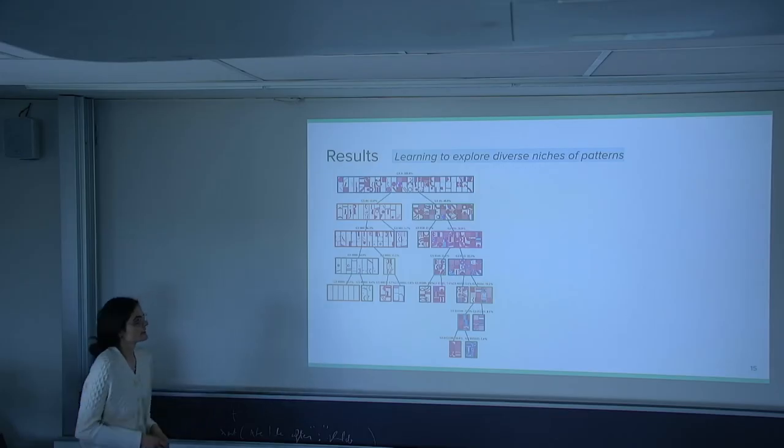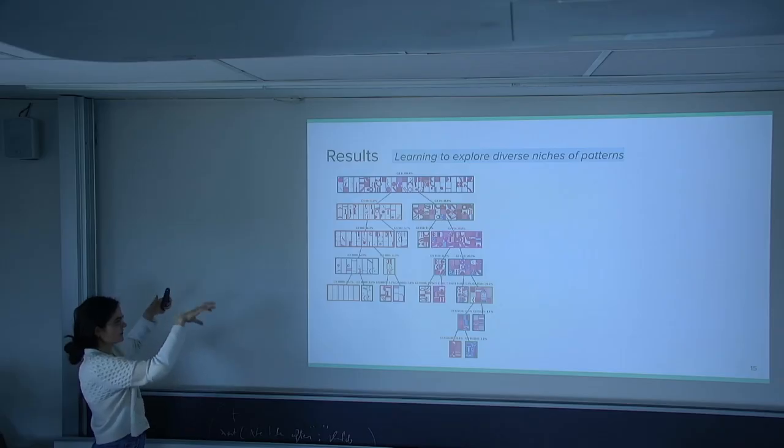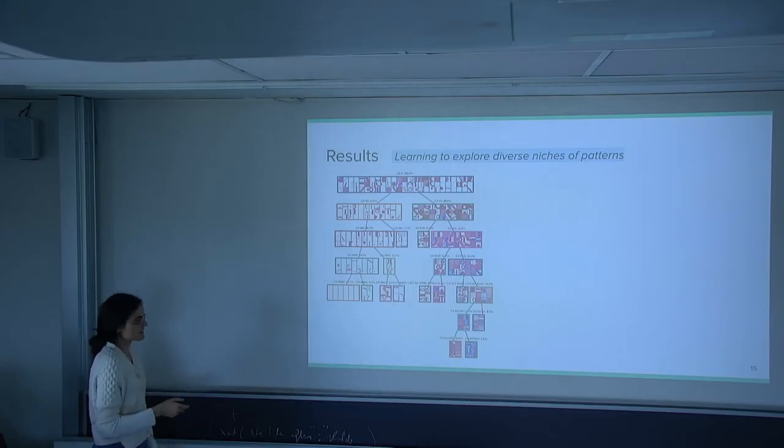This is a tree of discoveries that was built by the exploration algorithm. And you can see the way it learned to partition the patterns and to represent each niche of patterns and then make discoveries in those different spaces.